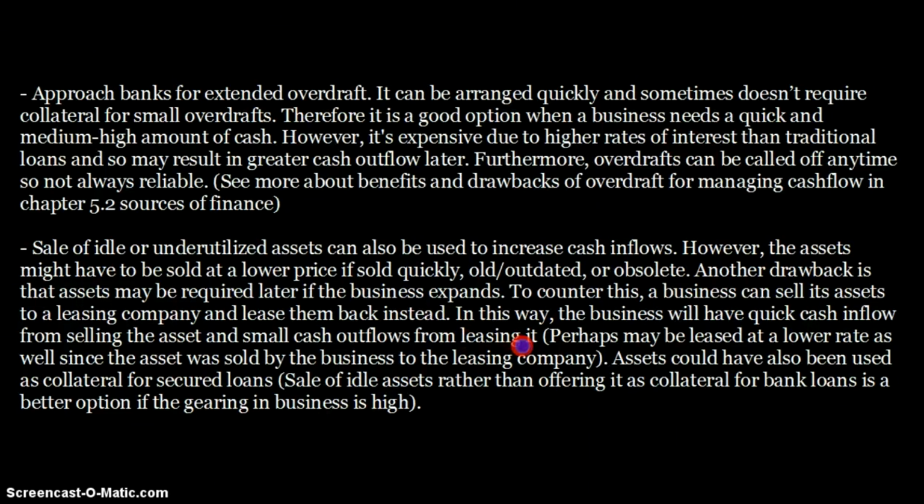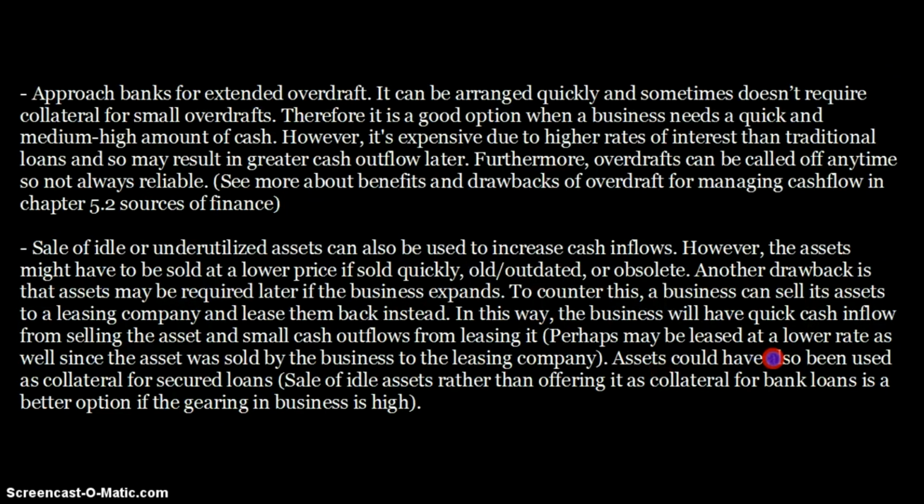Okay, so let's say that you sold an asset for $500. And you lease it, that is, you are perhaps renting it. Leasing is the same as renting. So you sold it for $500, and each month you have to pay $30 to use it. So that way, you have a good inflow and a small outflow. So that's a good thing, an ideal situation.